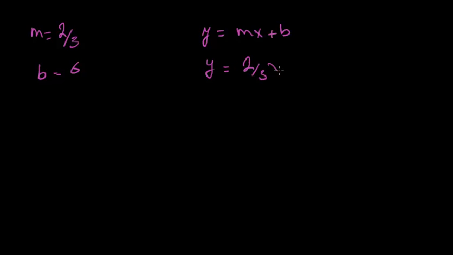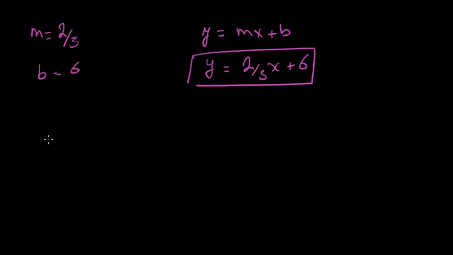Or let's say you're asked to write an equation for a line with the slope of 2/3 and y-intercept, or b, equals 6. In that case, it's easy. Your formula says y equals mx plus b, right? So you plug in the numbers, you'll have 2/3 x plus 6, and you are done.